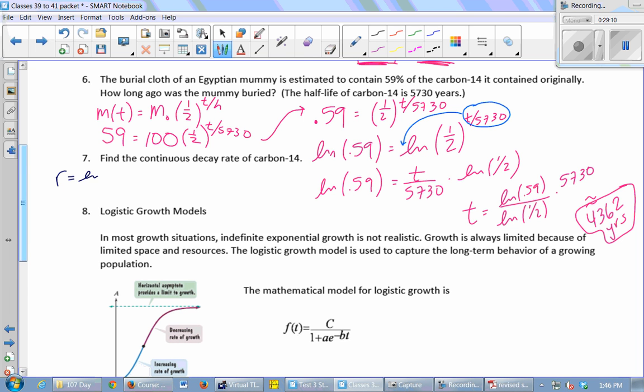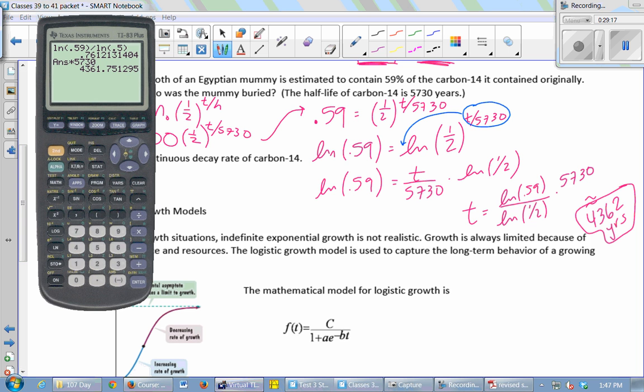R equals the ln of 2 divided by 5,730. So 1.2 times 10 to the negative 4 means move the decimal point 4 places to the left. So I have 0.000121.